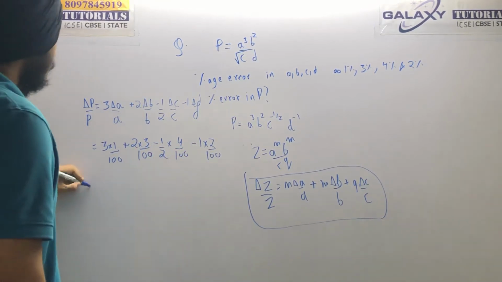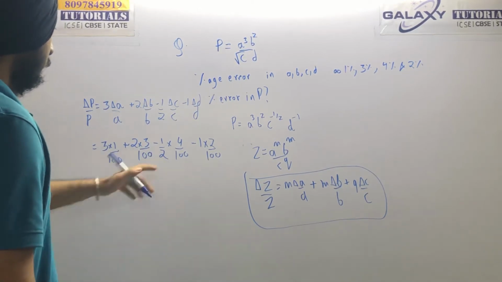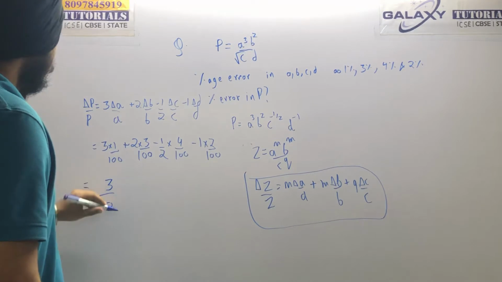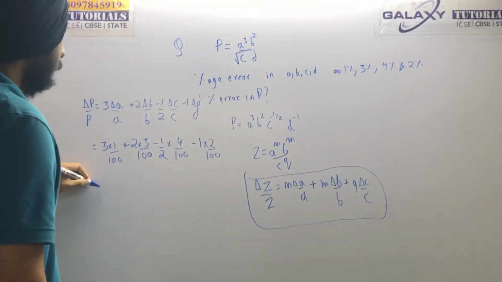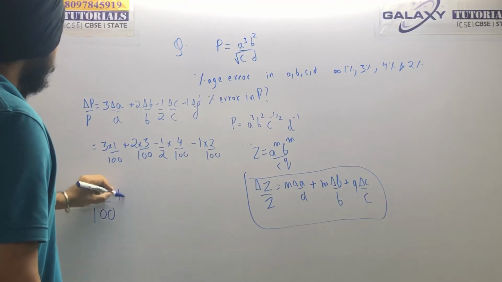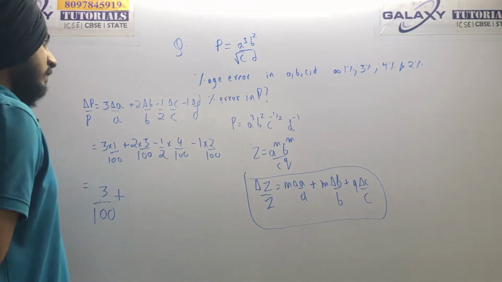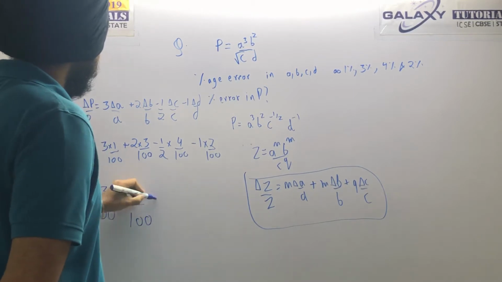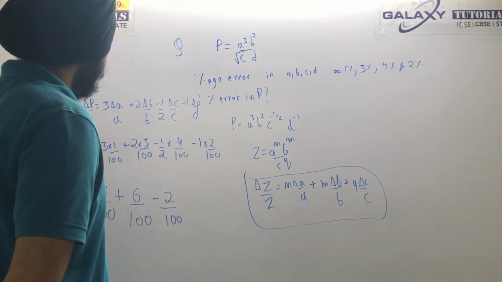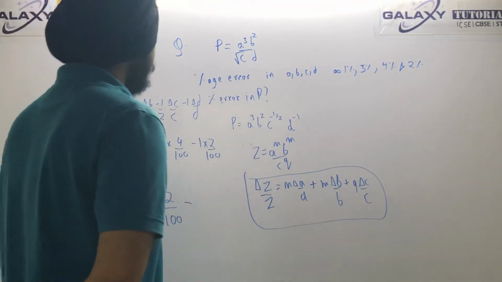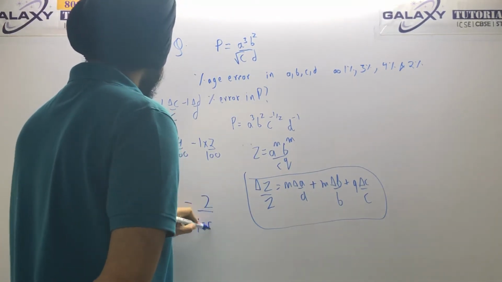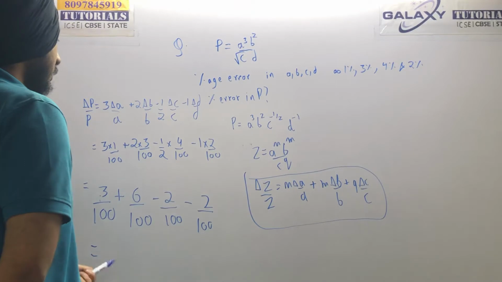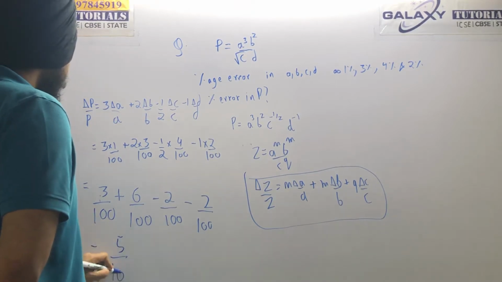So we will try and solve this. 6 plus 3 is 9, 9 minus 2 is 7 and 7 minus 2 is 5. 5 upon 100 is the answer.